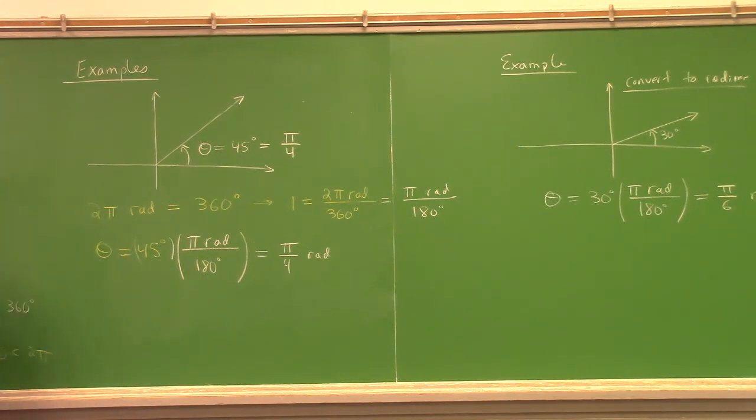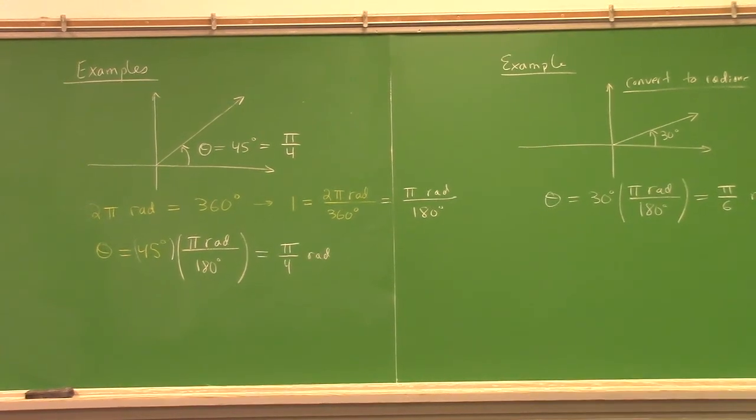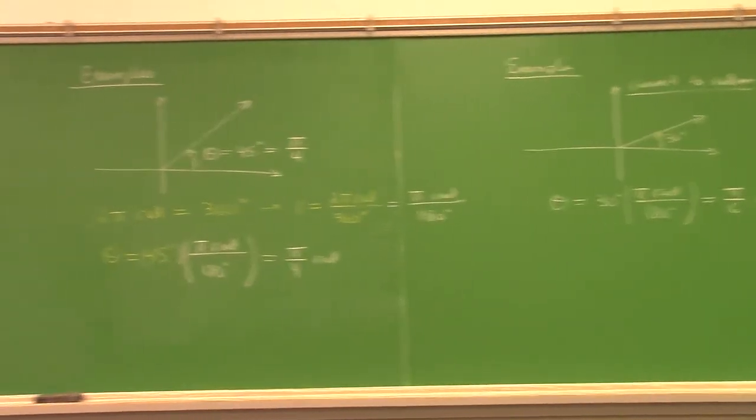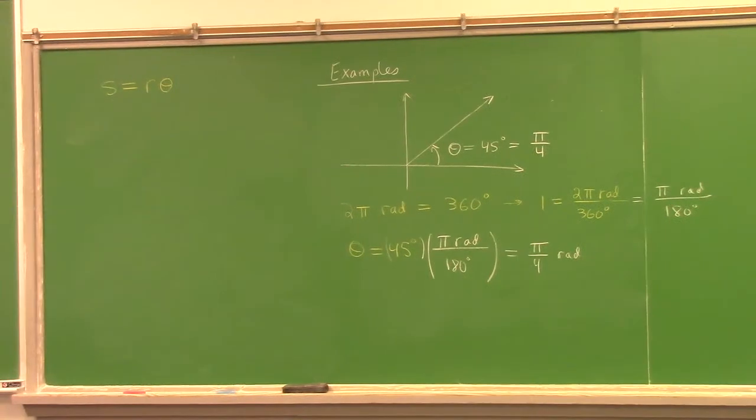Which kind of angle measure is most natural to talk about speed? This is already the relation, right? See this? s equals r theta. This describes the linear distance you go along a circular arc as it relates to the radius and the angle, right?